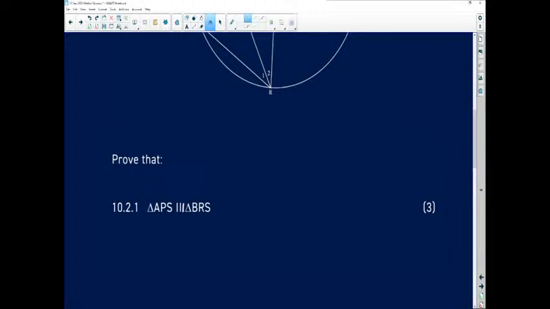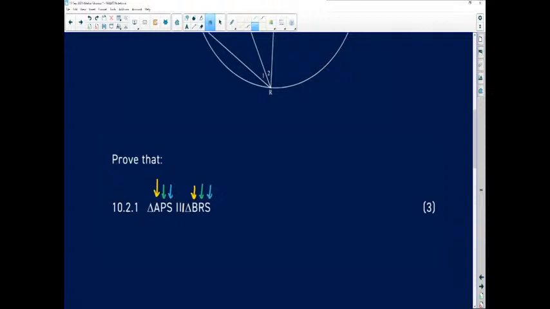The beauty about this question, if they give it to you like this, is the order has already been arranged for you. So you just have to prove that angle A in the first triangle is equal to angle B in the second triangle. You then have to prove that angle P in the first triangle is the same as angle R in the second triangle. And lastly, you have to prove that angle S in the first triangle is the same as angle S in the second triangle.